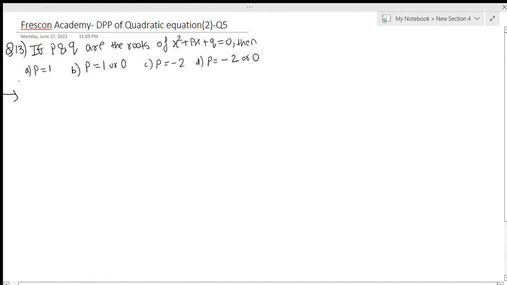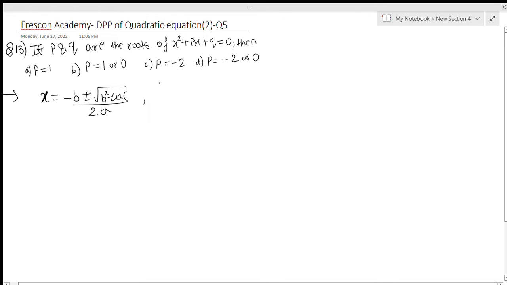the roots of the quadratic equation are given by the formula x is equal to minus b plus or minus square root of b square minus 4ac upon 2a.